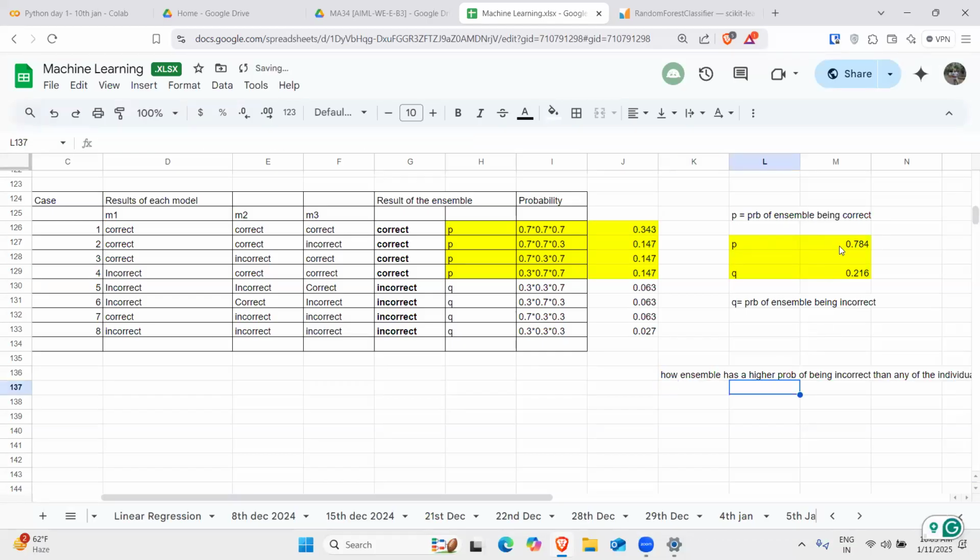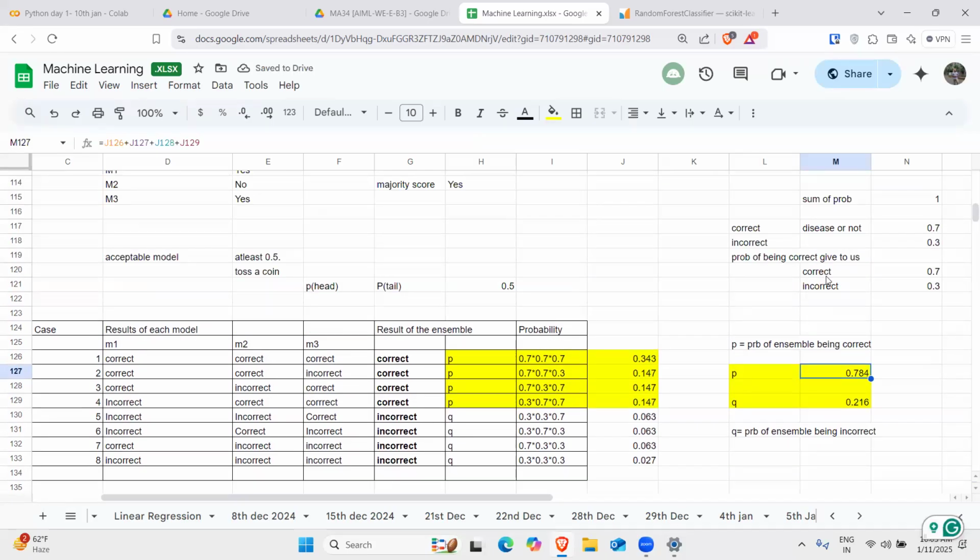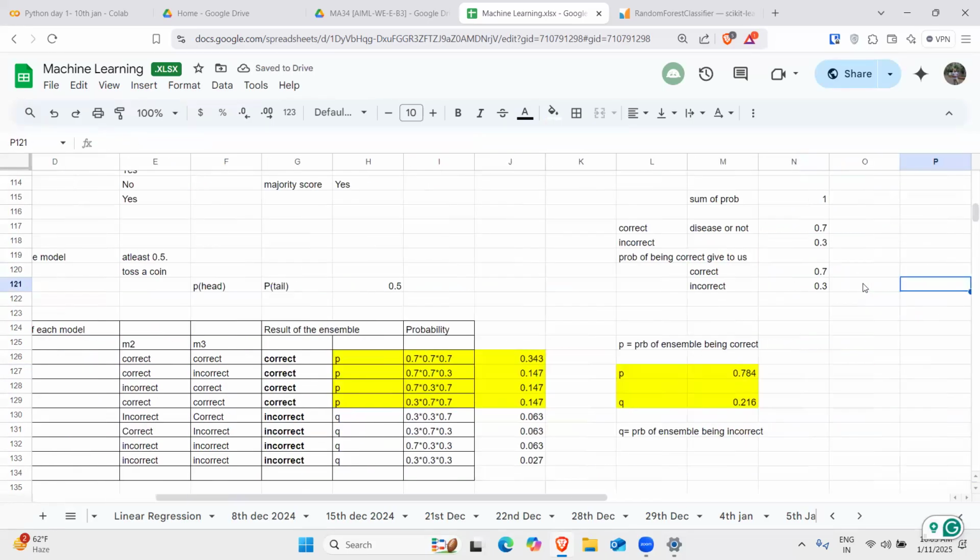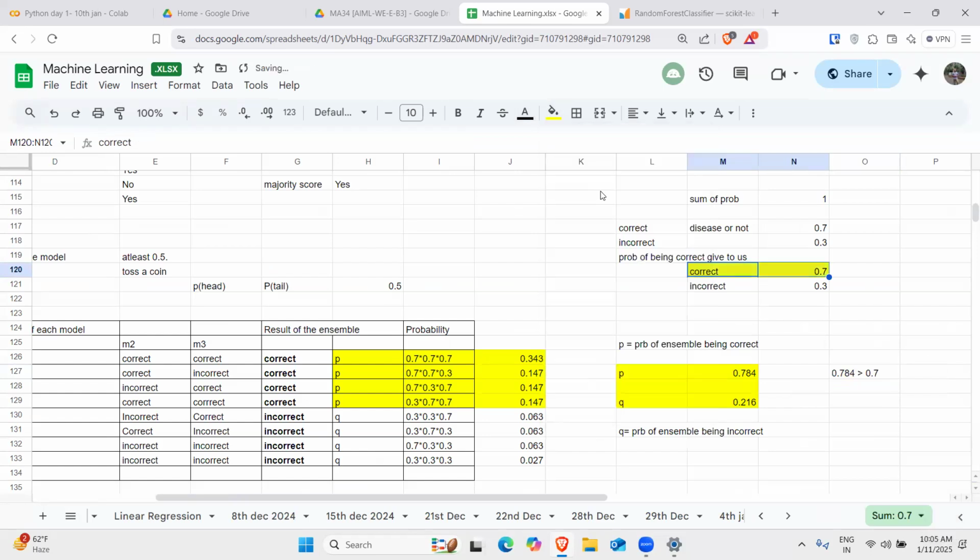Being correct is 0.784 here, and earlier being correct was 0.7. So can I say 0.784 is greater than 0.7? Because earlier, what was the probability of being correct? That was 0.7, right? And the other case is 0.216, the probability of the ensemble being incorrect.